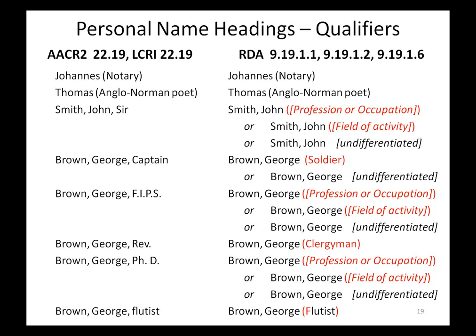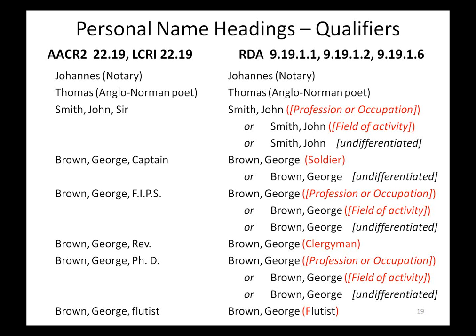We're also told that if neither a fuller form of name nor dates are available to distinguish between identical headings of which the entry element is a surname, then we can add a qualifier such as a term of honor, term of address, title of position or office, initials of an academic degree, or membership in an organization that appear with the name. So these examples on the left of the screen are from AACR2, and I'm showing on the right what they would look like in RDA.